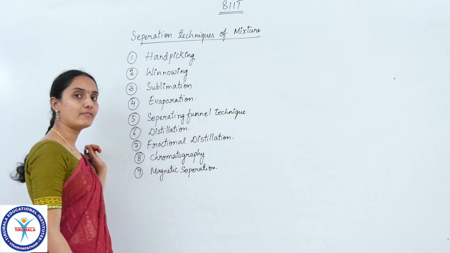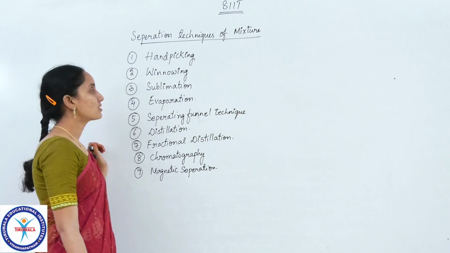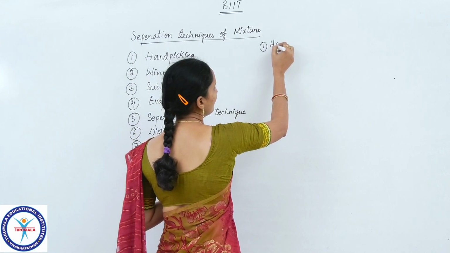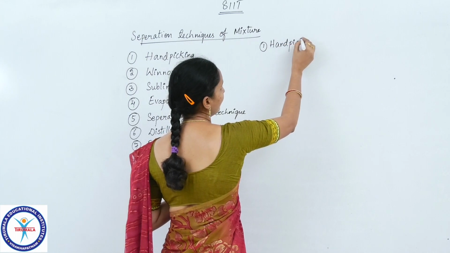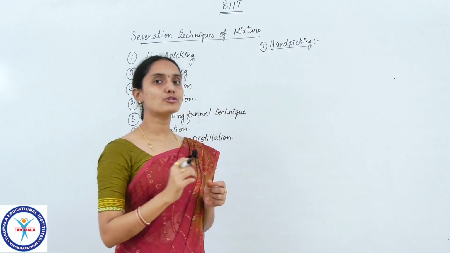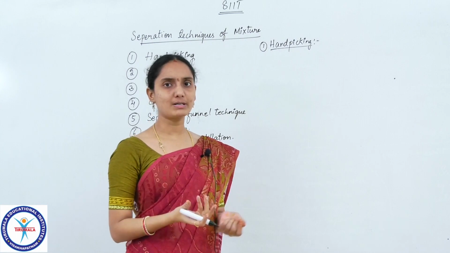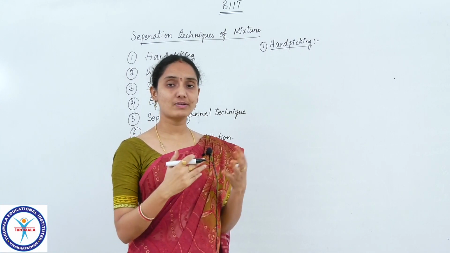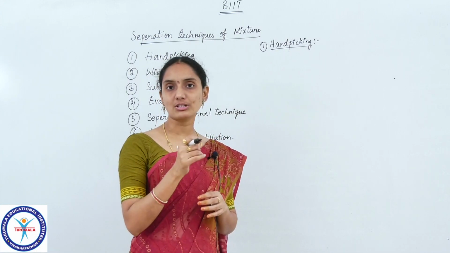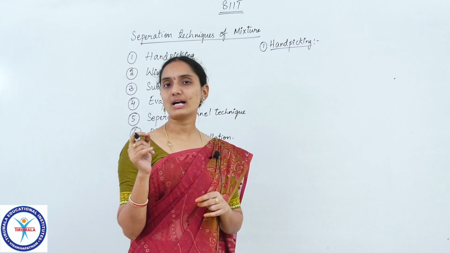So now let me explain which separation technique is used for which type of mixtures. Let us start with the first technique, that is hand picking, children. Generally we see this in our household purposes also. Your mother used to pick up the stones from rice, which is a heterogeneous mixture, just by what factor, children?